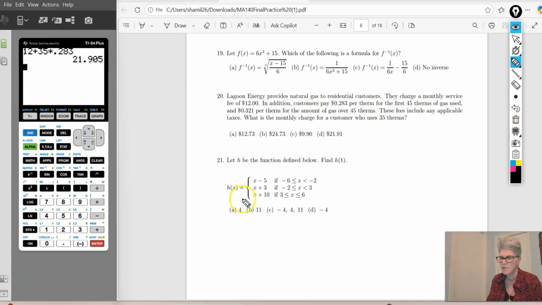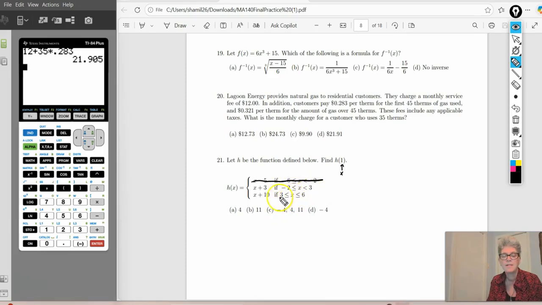Okay, this is a piecewise function, and the number in here is your x value. So which formula do you use if x is equal to 1? And if x is equal to 1, it does not live in here. 1 is not a number between -6 and -2, so I'm not going to use that. But if x is 1, it does live between -2 and 3. Okay.